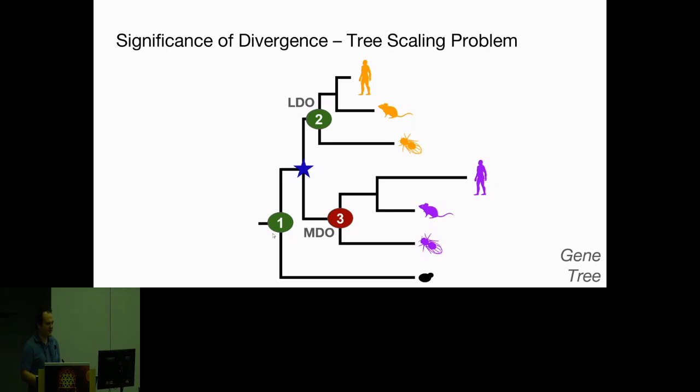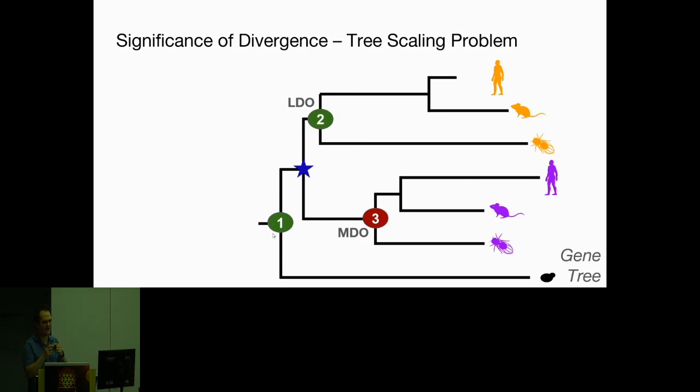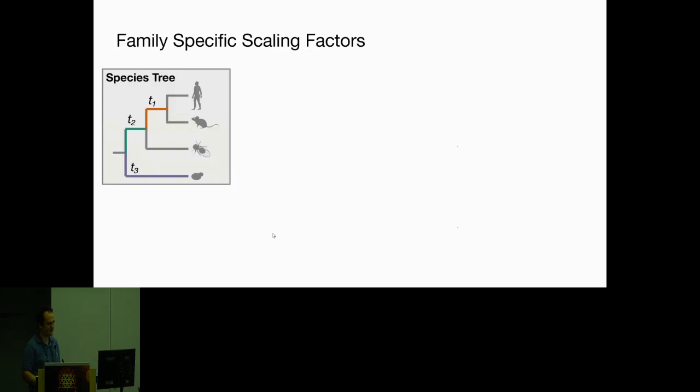This is a bit of a problem because different gene families evolve at different rates, and the gene trees could look like this or this. We need to normalize these branch lengths so that if we see an absolutely very long branch, this might not necessarily be significant if the whole gene tree is super highly divergent.